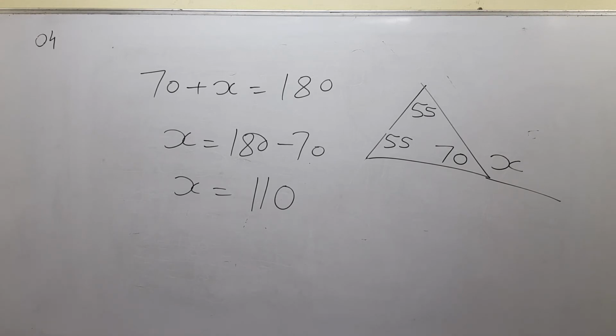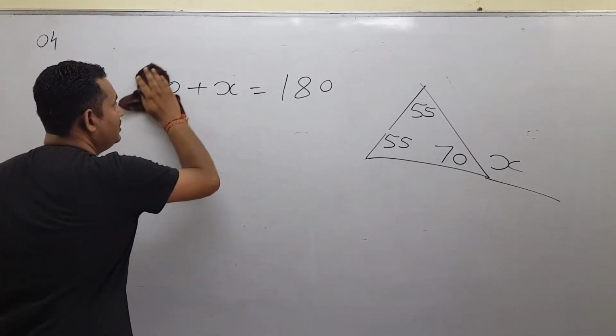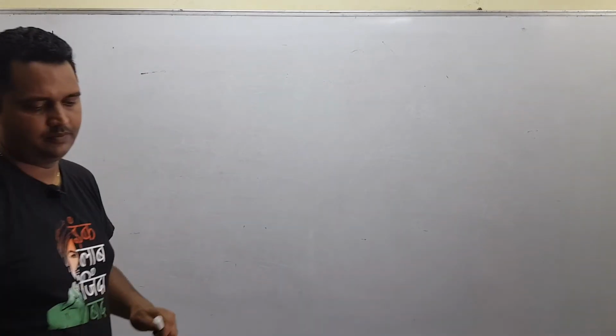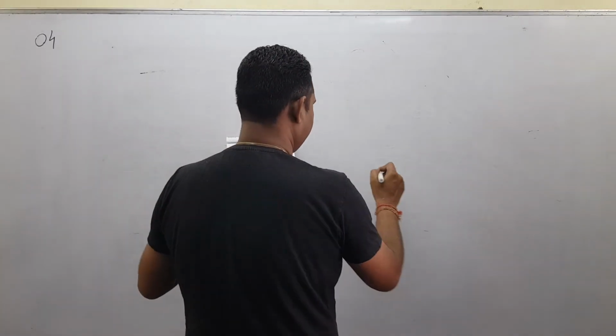Got it? Okay. Now the last question of this lecture, question number 4. This is video number 4 and again I am giving you question number 4. Please solve this by yourself only.